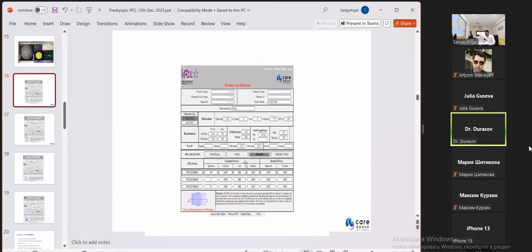So this patient is having 0.25 diopter for far and 1.75 addition for near.